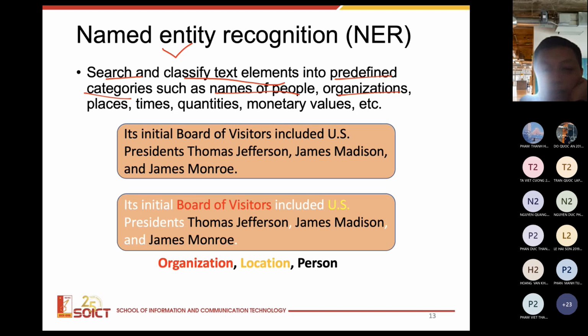For example, here is our example, and we want to recognize that this is the organization. The US here is the location, and then Thomas Jefferson, Madison, Monroe are persons. They are persons, right?